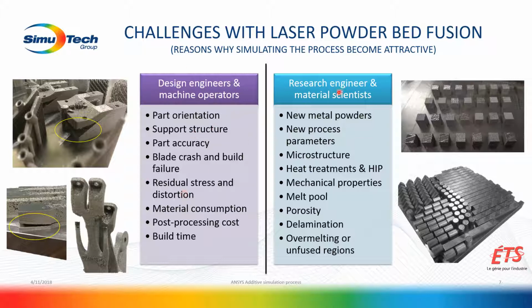And for research engineers and material scientists, the challenges that they are facing are a bit different. They like to develop some new metallic powder, and develop some new process parameters. They like to have an idea of the microstructure, the mechanical properties, porosity, melt pool, and so on. So these are other kinds of challenges that those people will face when using this technology.